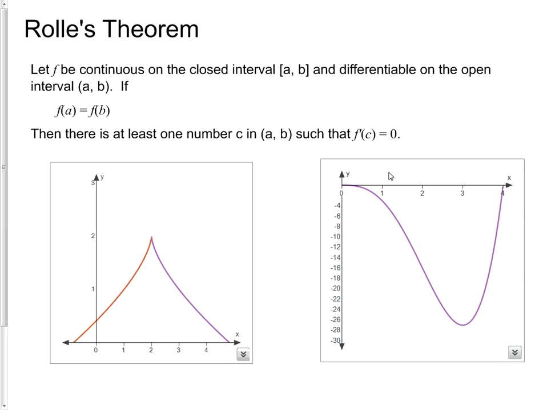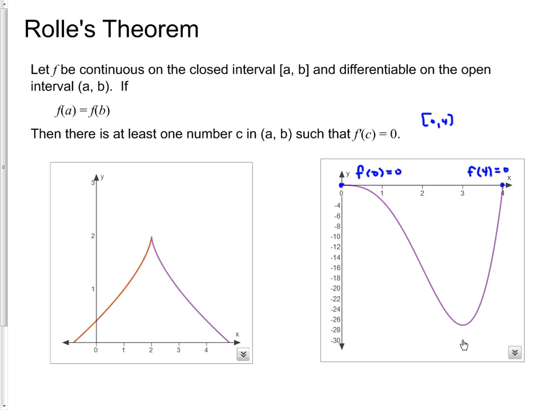Here's a function, and we're saying, all right, let's look at this interval, let's say from 0 to 4. We know that the way the function is written here, f of 0 would be equal to 0, and f of 4 would be equal to 0 as well. So this is an ideal interval on which to say we have a continuous function.